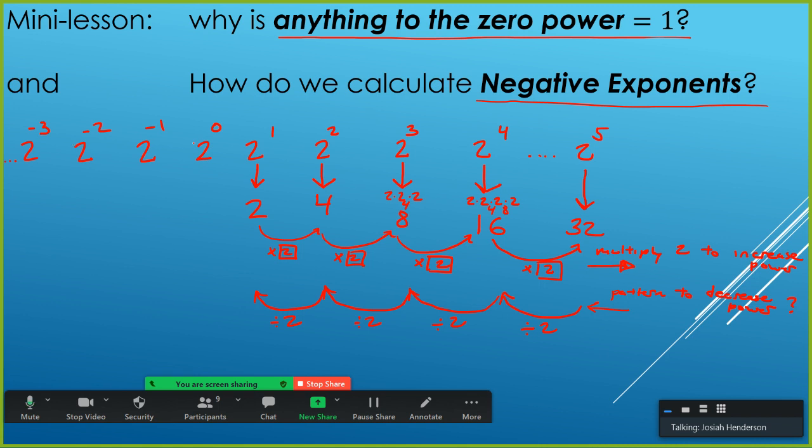So how do we find 2 to the 0? Let's use the patterns that we've found. The pattern is divide by 2. So looking above, looking at 2 to the 1, well, that is 2. Savannah pointed that out for us. 2 divided by 2, what is that? That is 1.